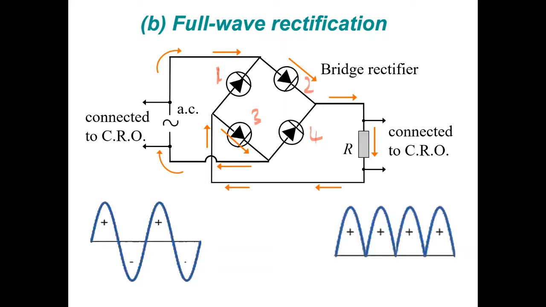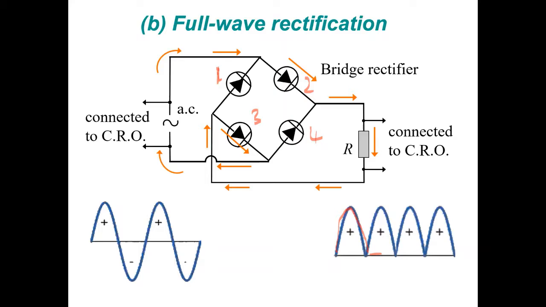Remember, this one is the output. And then when it goes back, it will flow through D3 and go back. So this is the first half.